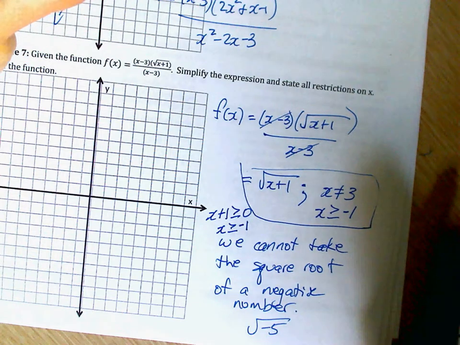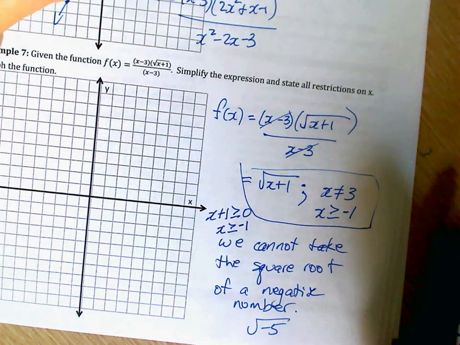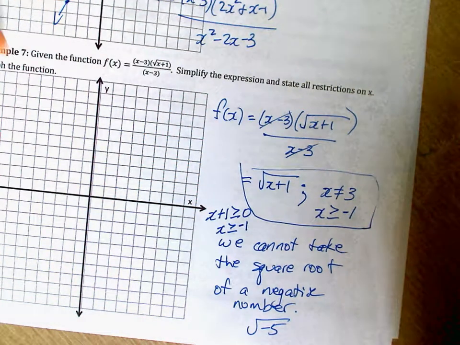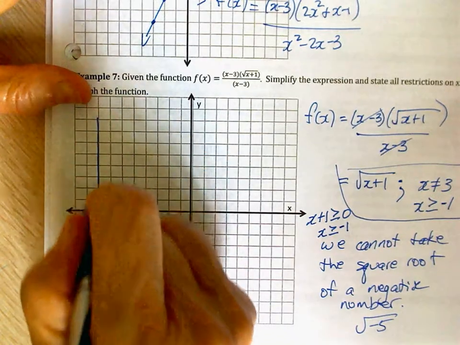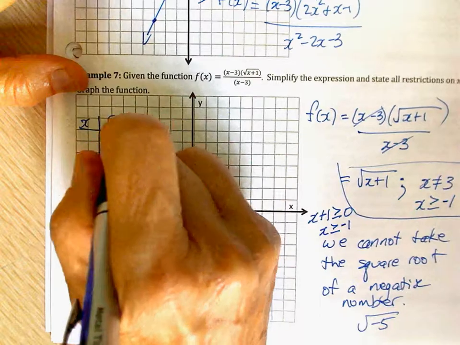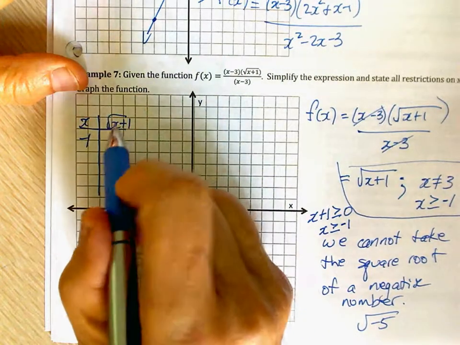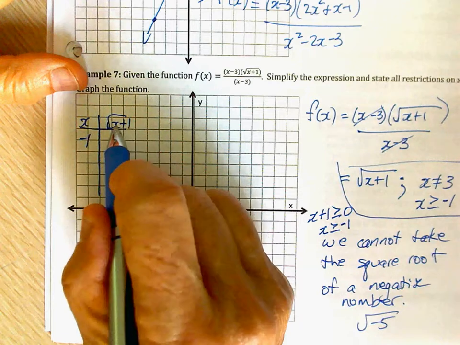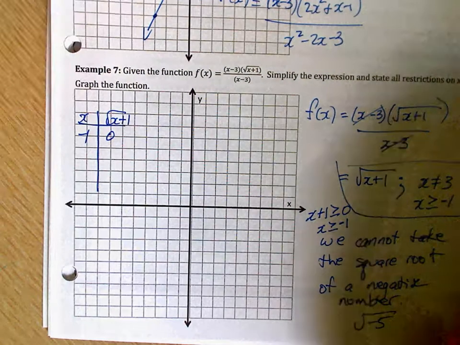I'm just going to draw a table of values here to graph. We're graphing the square root function. So -1, -1 plus 1 is 0, square root of 0 is 0. When x is 0, 0 plus 1 is 1, square root of 1 is 1.